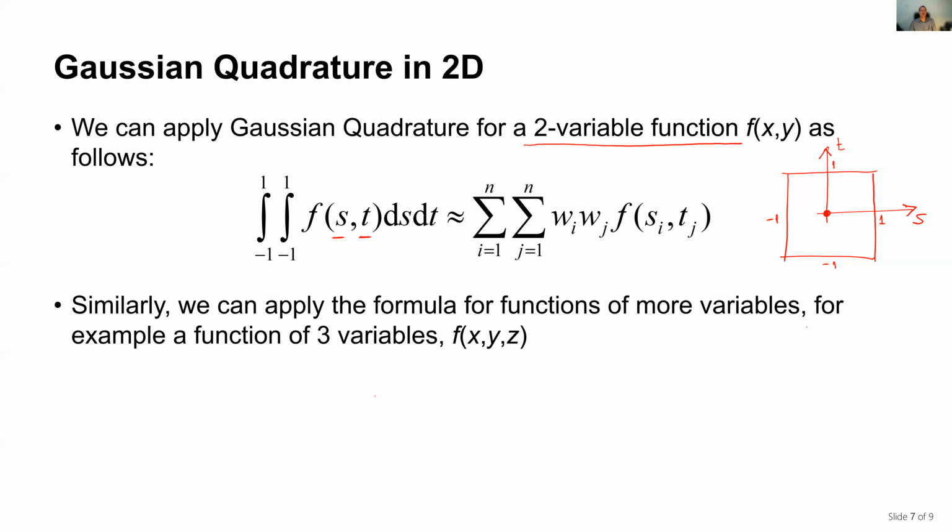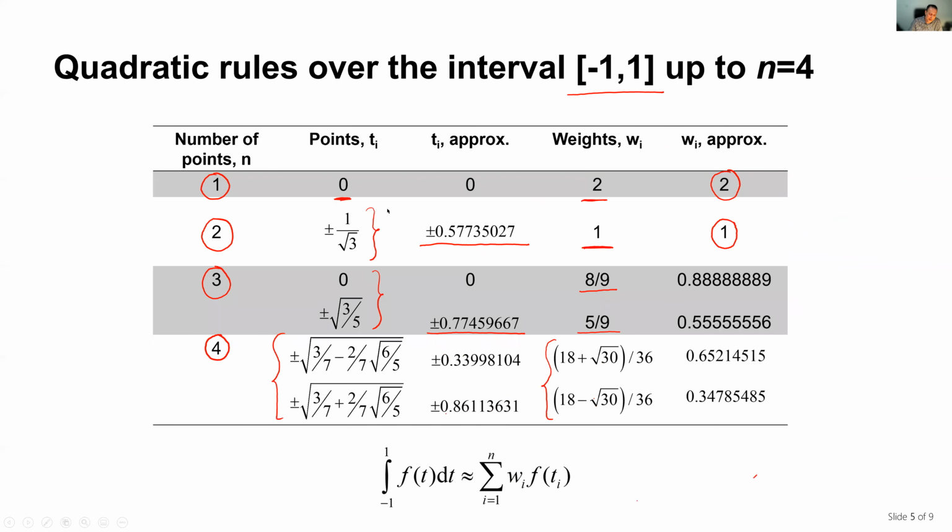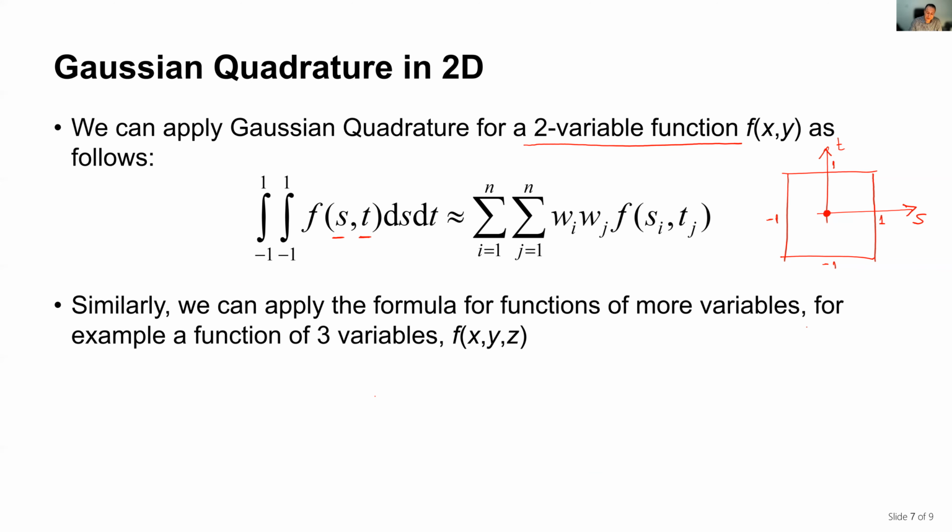While if I want to work with two Gauss points per direction, then I can go back here and I can read the values, which is -1 over square root of 3 and +1 over square root of 3. And in this case, I will have to work with 4 points that you can see here.